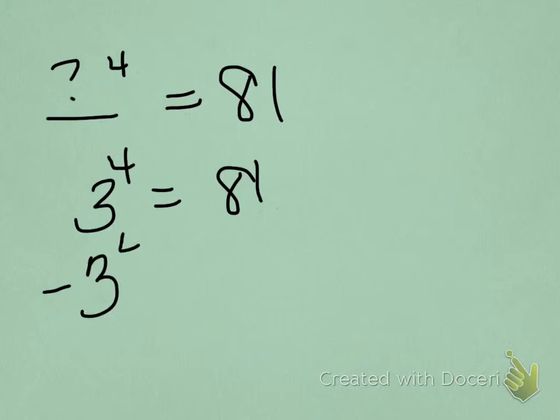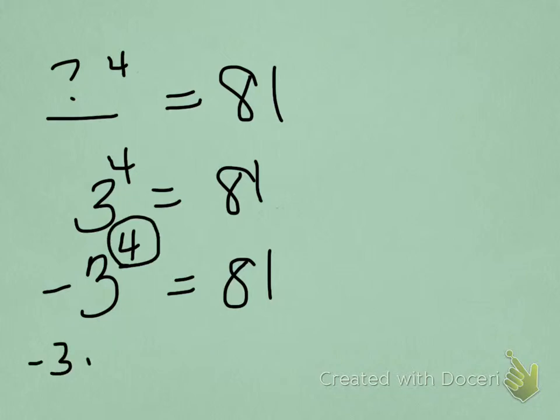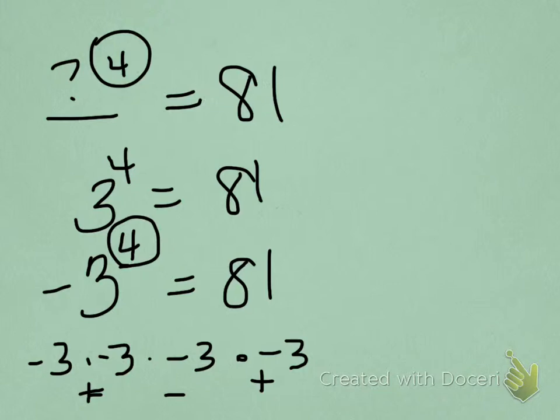Also, if we had a negative 3 to the 4th power, it would still be a positive 81, because this is an even number. So it's going to go negative to negative, which gives you a positive, times another negative, which is going to give you a negative, times another negative, which puts you back as a positive number. So you can say that a positive number has 2 real fourth roots when you're dealing with a 4th power.